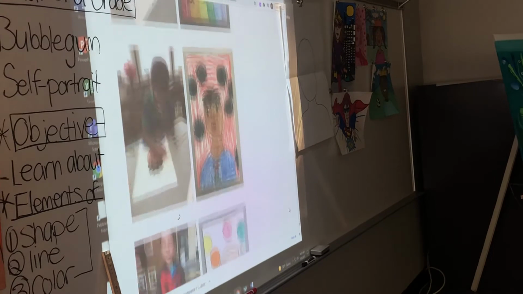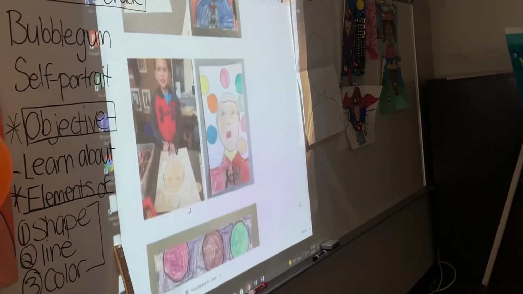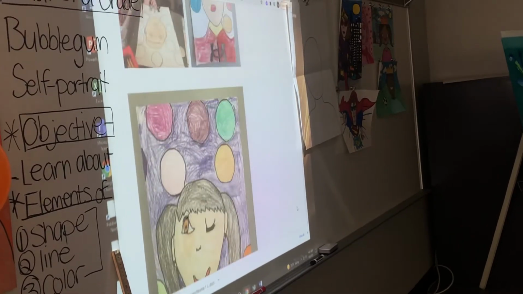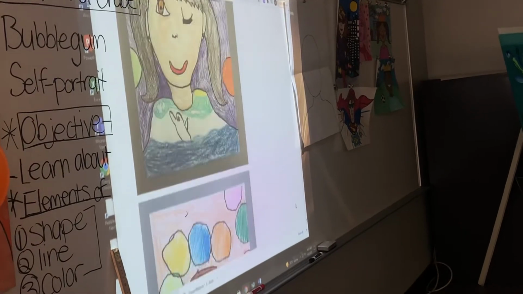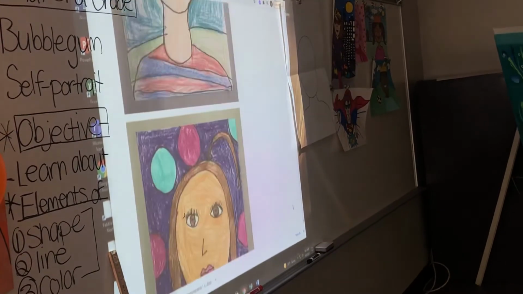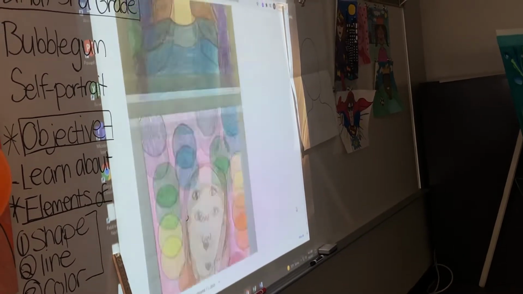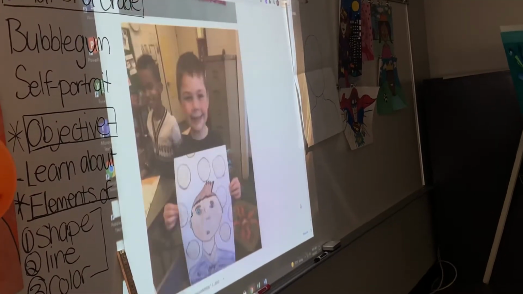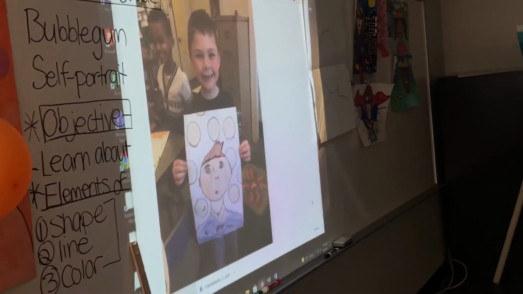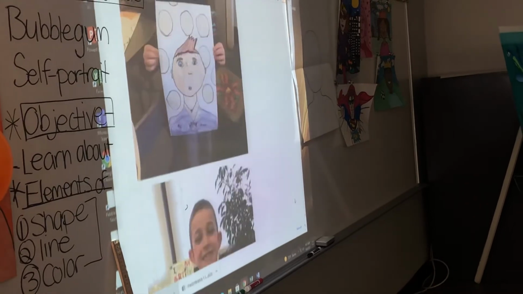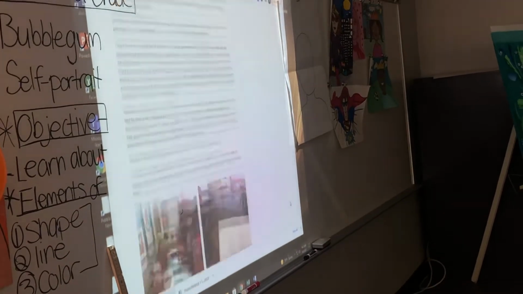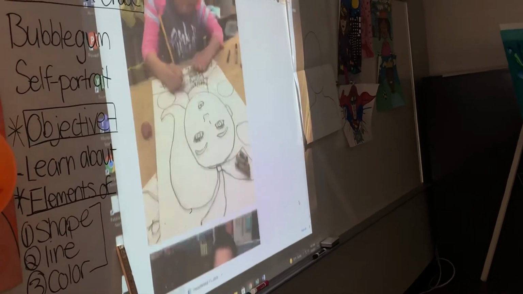Let me see if I can scroll down to where the balloons are, because they haven't added the balloons to these yet. There, he did a good job, didn't he? Okay, well that was day one, so that's why.